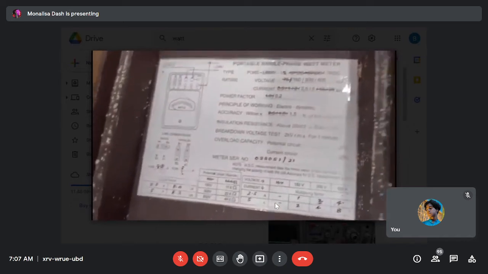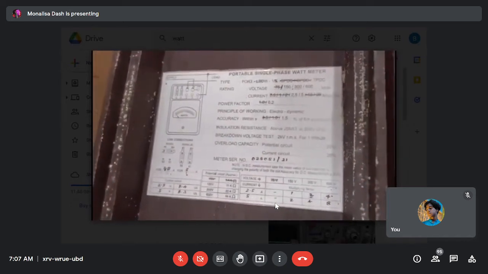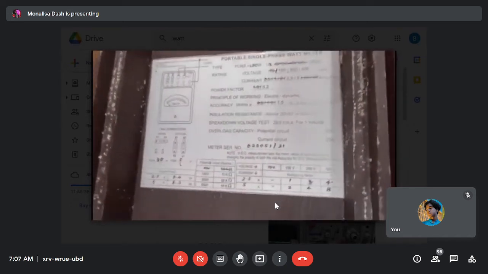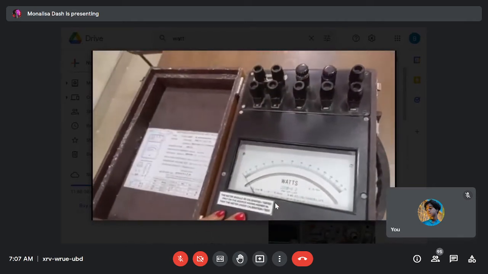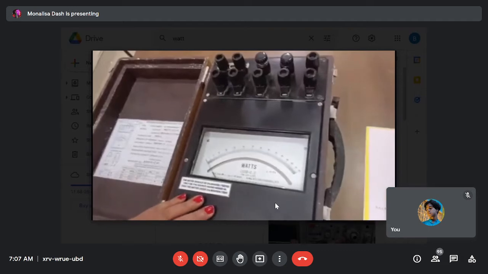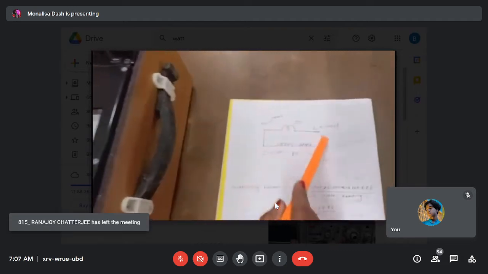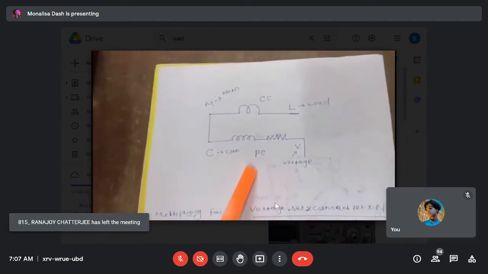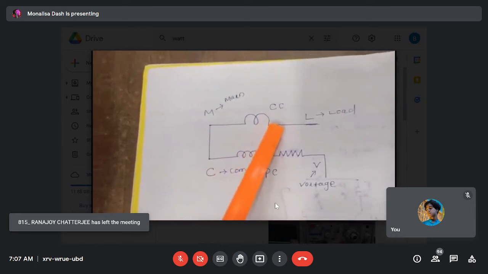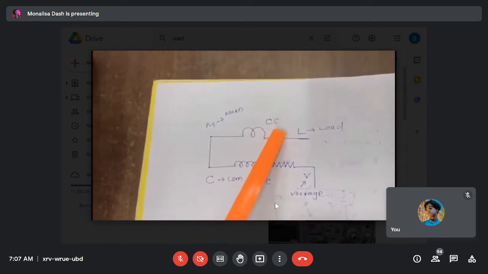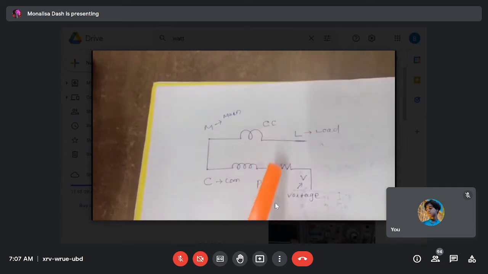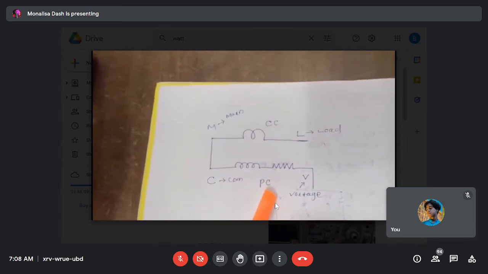Now you see this is the internal diagram of the wattmeter. In the wattmeter, two coils are there: the current coil denoted by CC and the pressure coil denoted by PC.